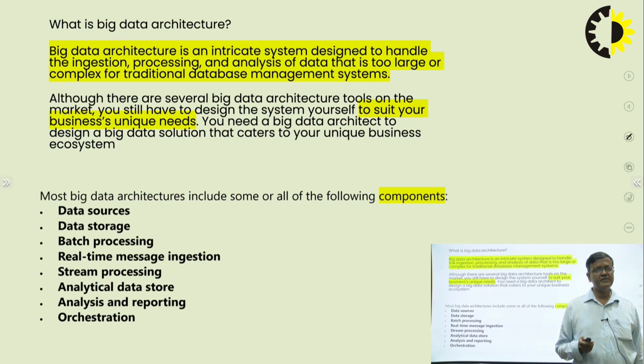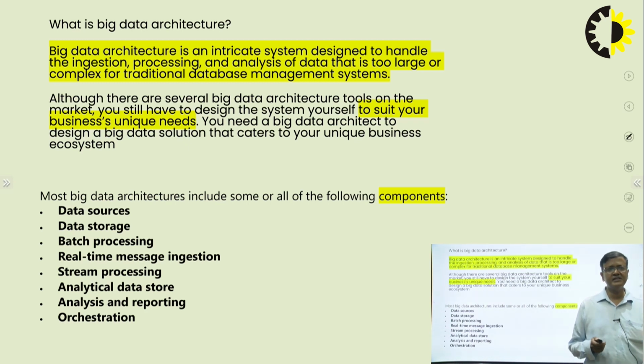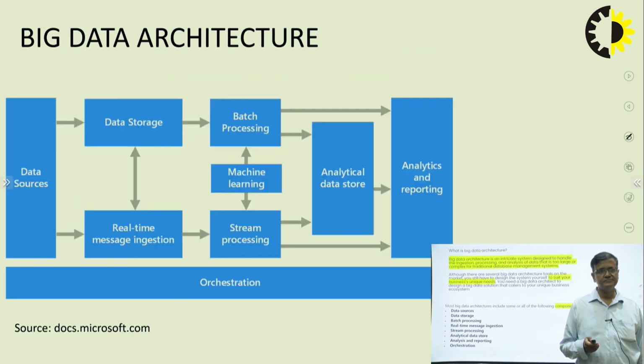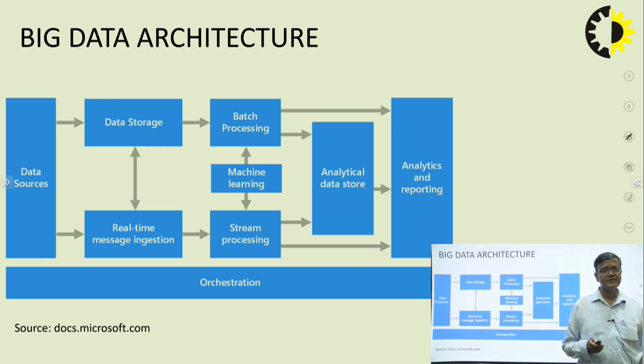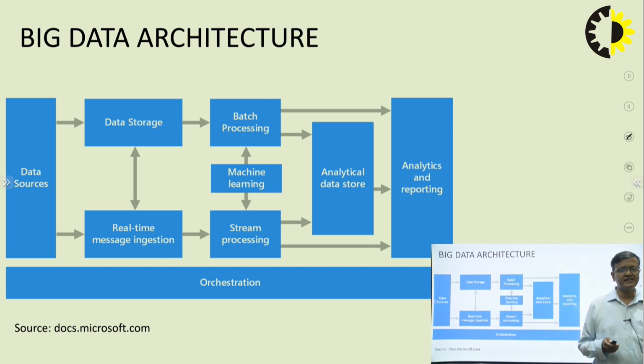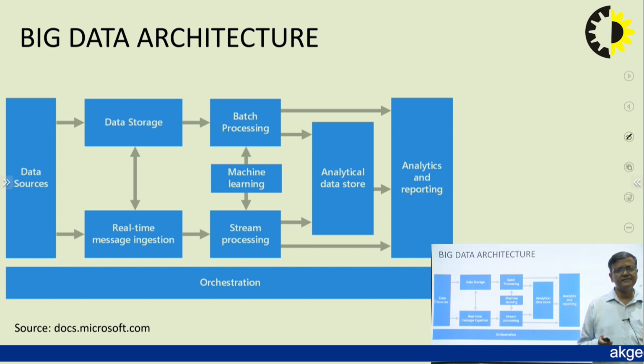Now, we will see one by one in detail about these components which form the big data architecture. So, this is the block diagram of a big data architecture. You can see the flow of data, flow of information among the various components.